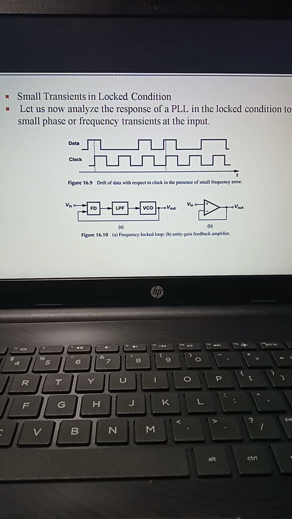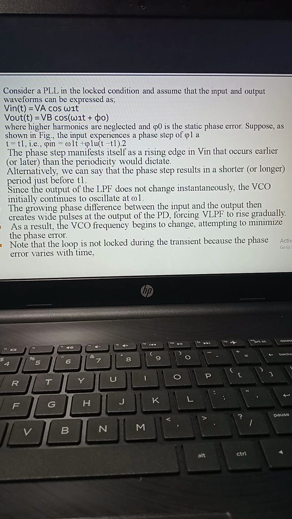Let us now analyze the response of PLL in the locked condition to small phase or frequency transient at the input. Consider a PLL in the locked condition and assume that the input and output waveforms can be expressed as V in of t equals V A cos omega 1 t, V out of t equals V B cos of omega 1 t plus phi naught, where the higher harmonics are neglected and phi naught is the static phase error.